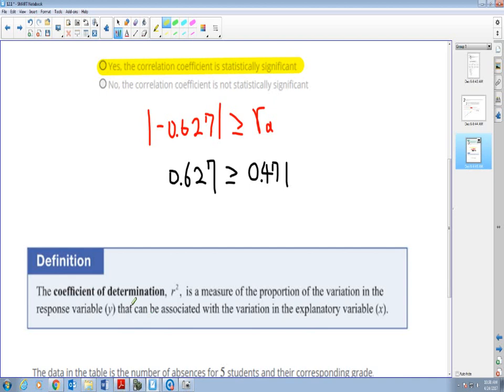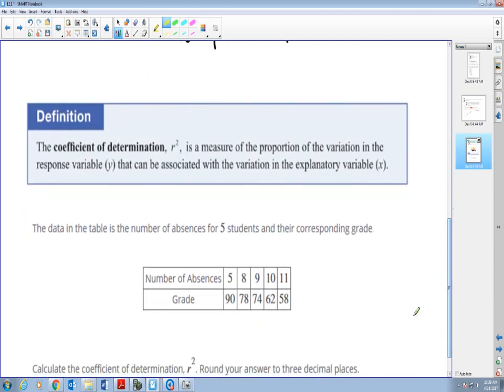So earlier you saw the R squared. R squared is called the coefficient of determination. It's a measure of the proportion of the variation in the response variable Y that can be associated with the variation in the explanatory variable X. Those are the words we learned from the lecture video in chapter 1.